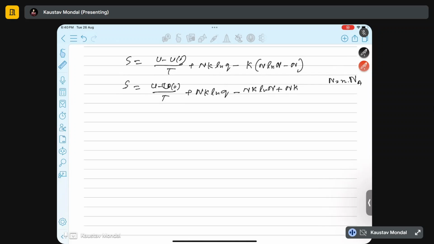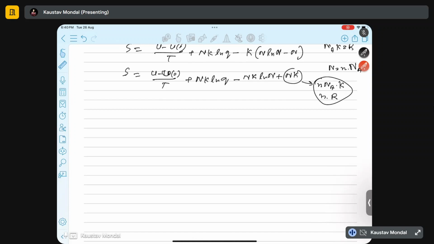So we can write N k as n into Na into k, and you already know that Na into k is R, the ideal gas constant. So you can write it as n R. This is one simplification we can make. So this whole thing is equal to U minus U0 by T plus N k ln q minus N k ln N plus n R.